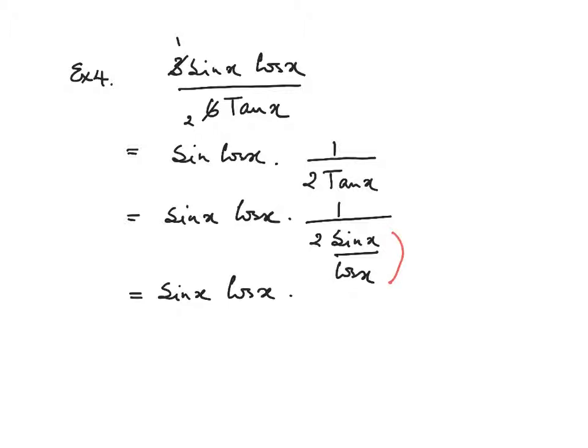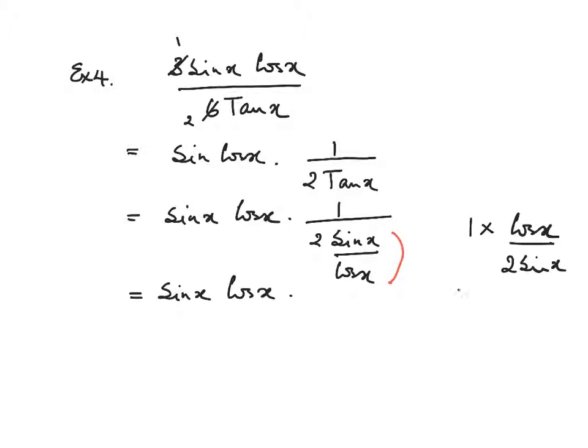You leave the top line unchanged, you change divide to multiply, and you turn the dividing fraction upside down. So what was originally sin x over cos x becomes cos x over sin x.